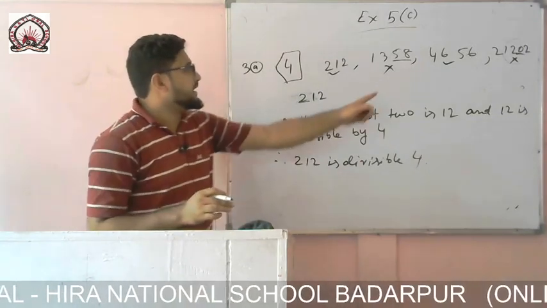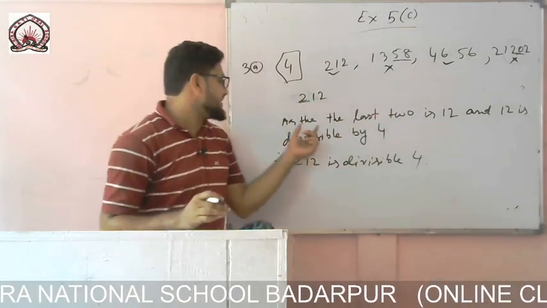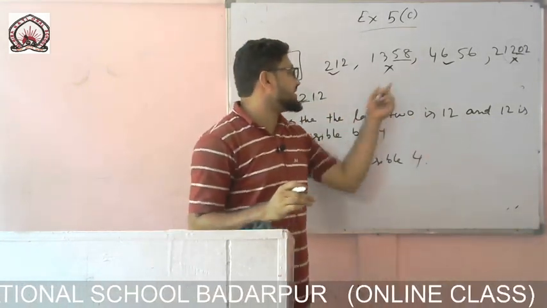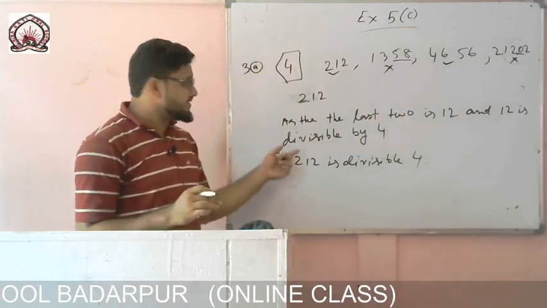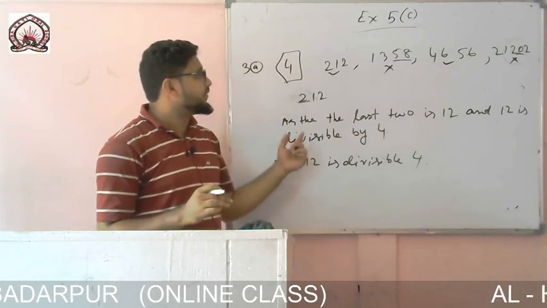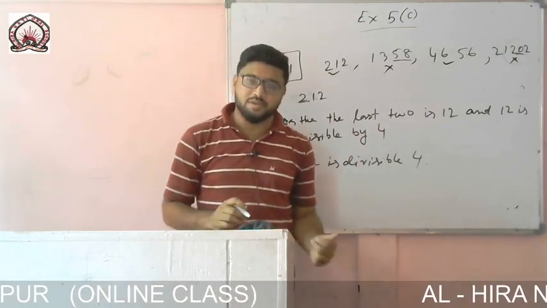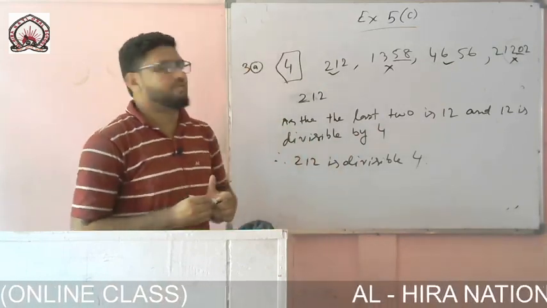Like this you write that one: as the last two digits are 56 and 56 is divisible by 4, so 4656 is also divisible by 4.